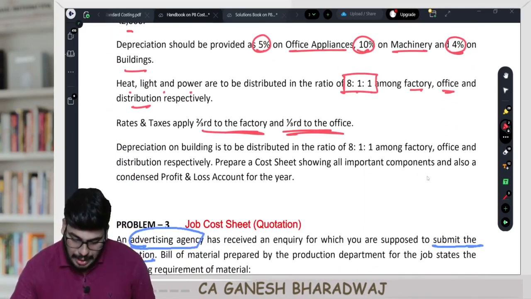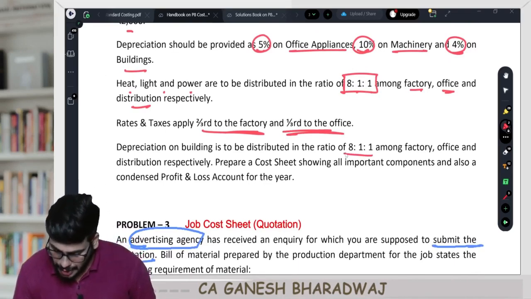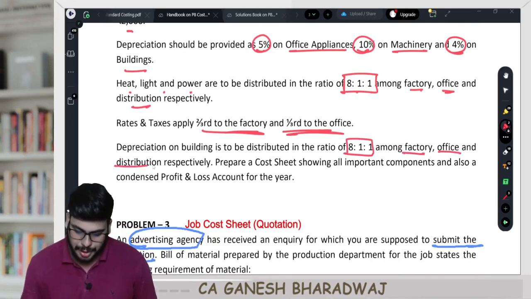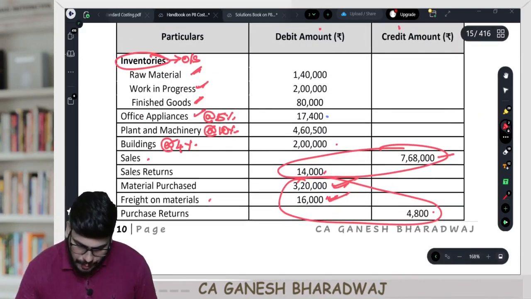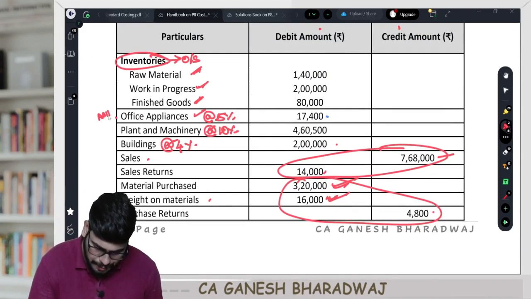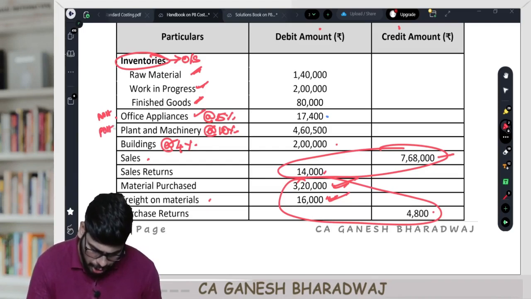Then depreciation on building is to be distributed in the ratio of 8:1:1 among factory, office, and distribution respectively. What they are saying, now look at this, office appliance depreciation is fully AOH, right? Plant and machinery depreciation, plant and machinery is fully production related.